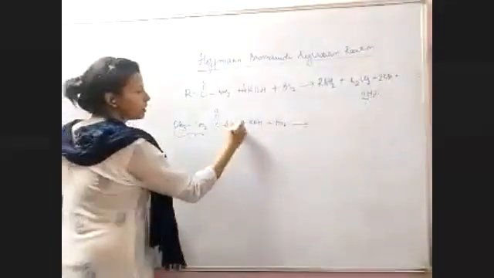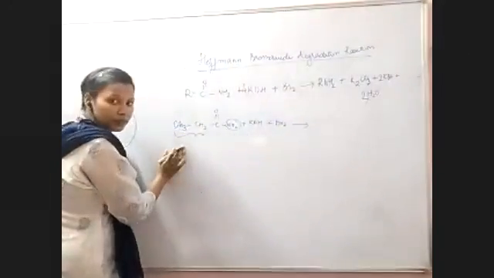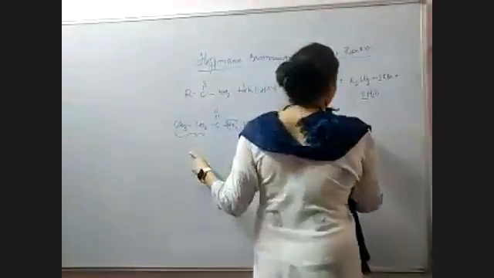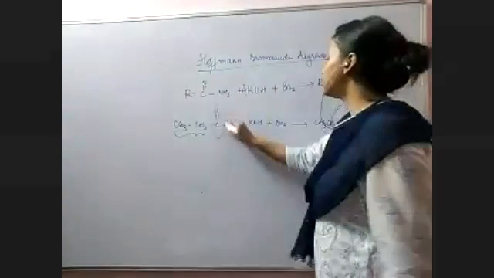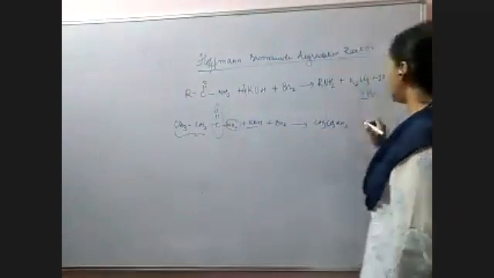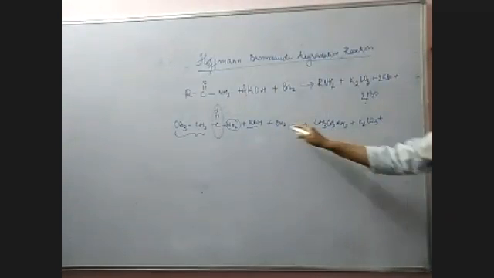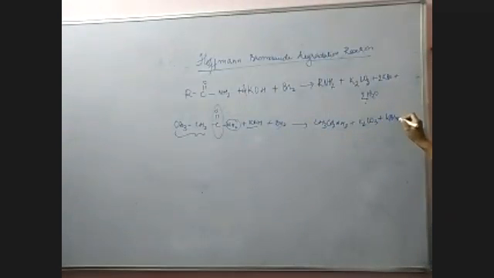So this part and this part will add up. Yes or no? So I'll get CH3, CH2, NH2, plus K2CO3 plus KBr plus H2O.